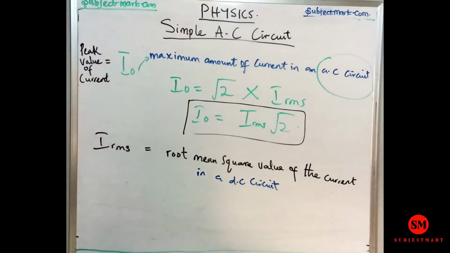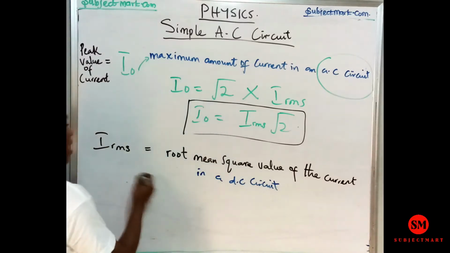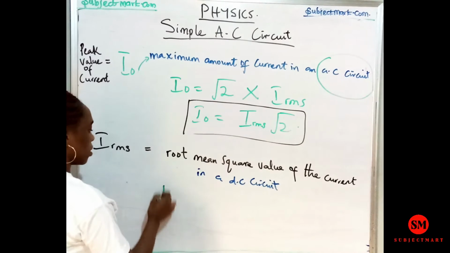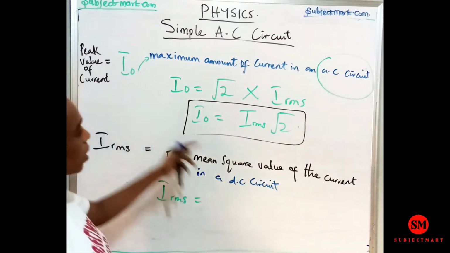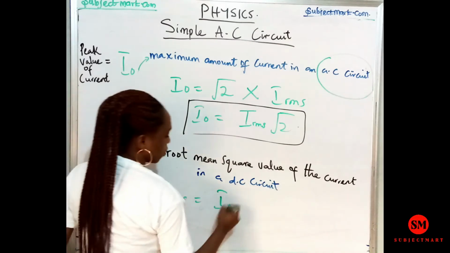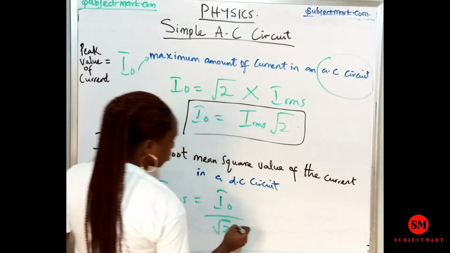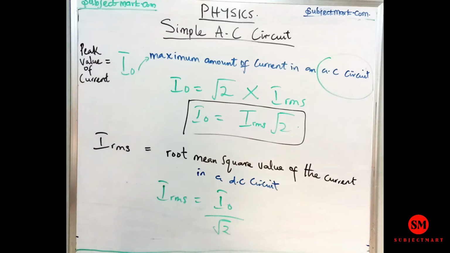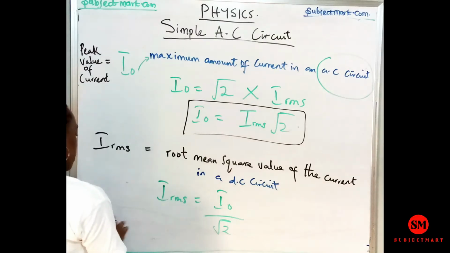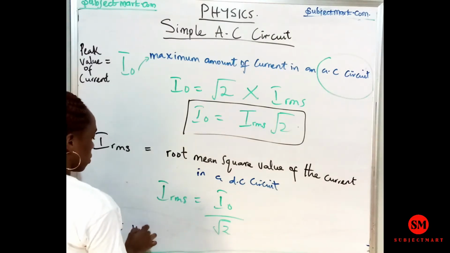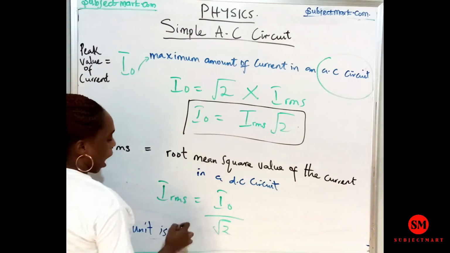I want to believe that is very clear. Also, Irms is given by I naught over root 2. And don't forget, the unit of current is ampere. So both of them are measured in amp.